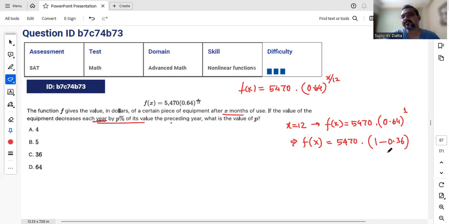How much less than 1 is that? 0.36 less, right? That means the decrease is going to be 36%. If there is a p% decrease, we are going to do 1 minus p over 100, right? So this p over 100 is that 0.36. So what is p? 36%. So we have the third option. Let's go on to the next question.